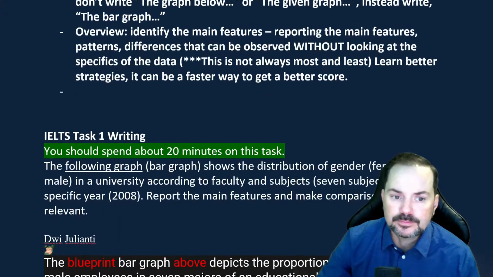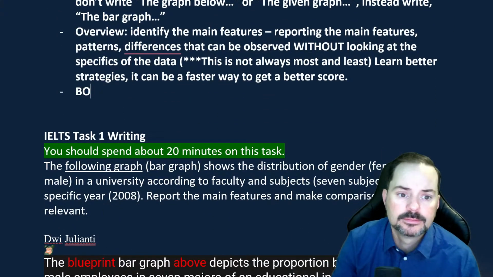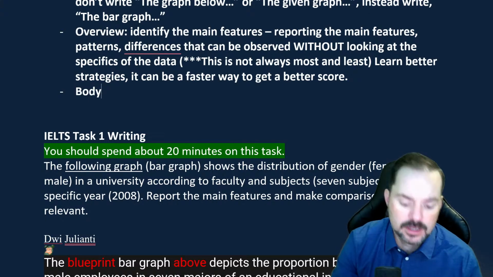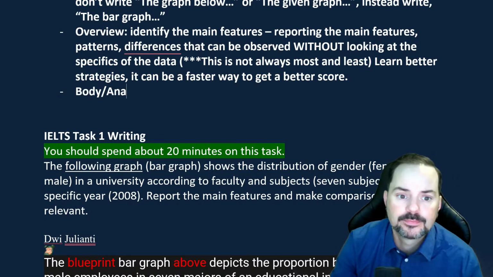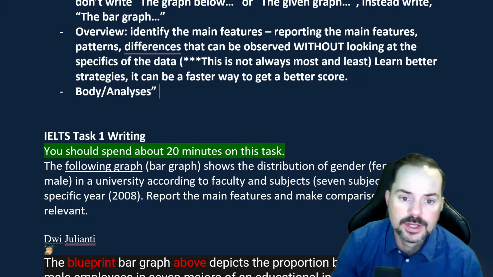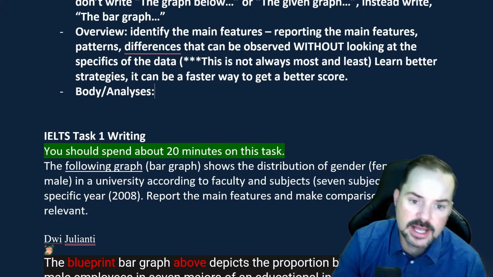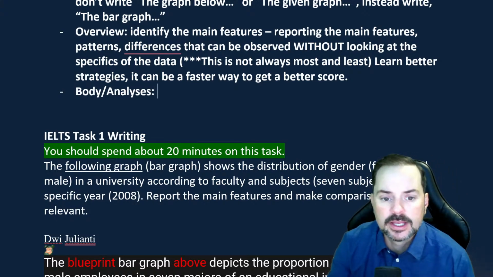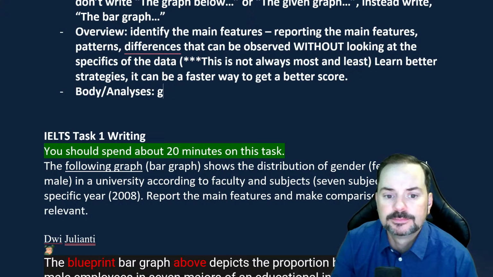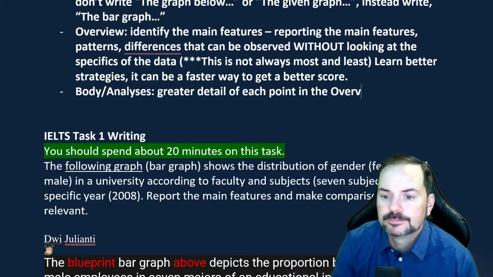So right now we're into the body, which we can also call the analyses. And a really important one here, okay? Again, the body and the analyses, as I mentioned earlier, is greater detail of each point in the overview with concise writing.